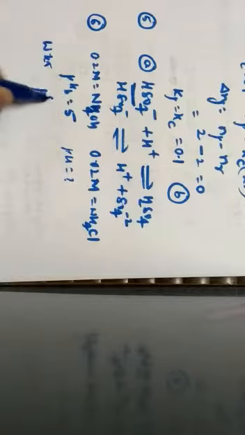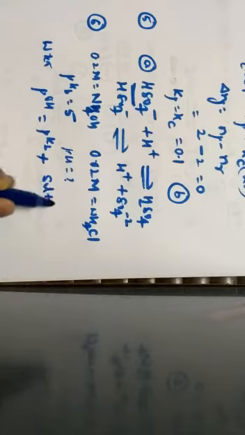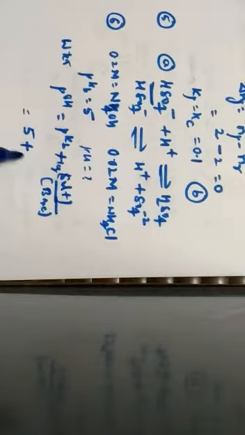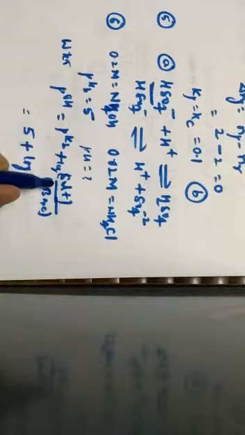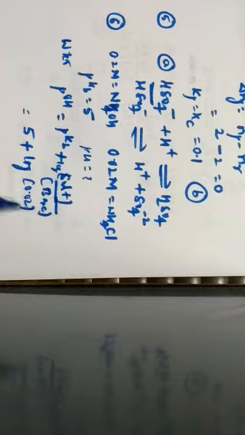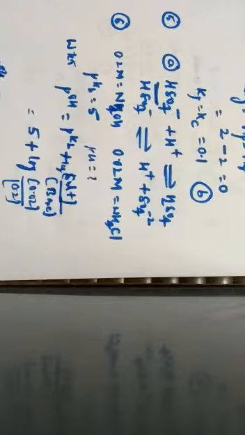We know the relationship, that is pOH is equal to pKb plus log of the concentration of salt divided by the concentration of base. The pKb they have given is 5. The salt is NH4Cl, its concentration is 0.02. The base is NH4OH, its concentration is 0.2. When I simplify this, I get pOH is equal to 5 plus log of 1 by 10.